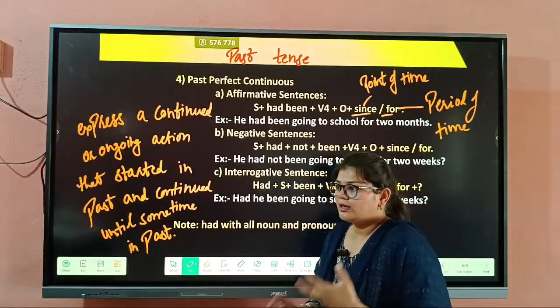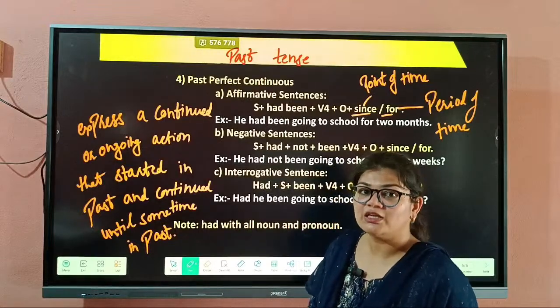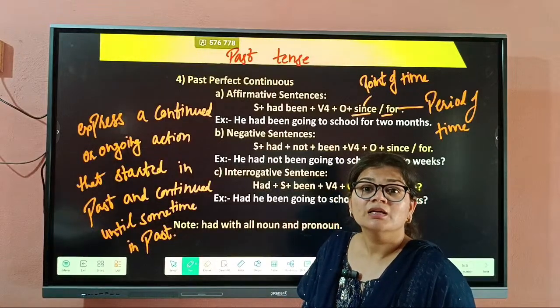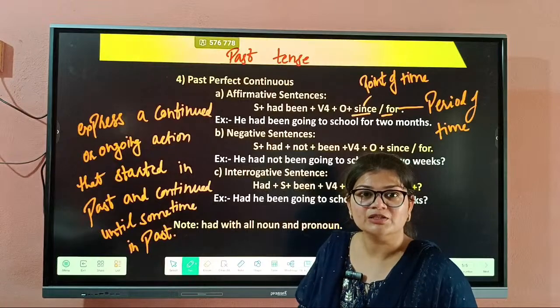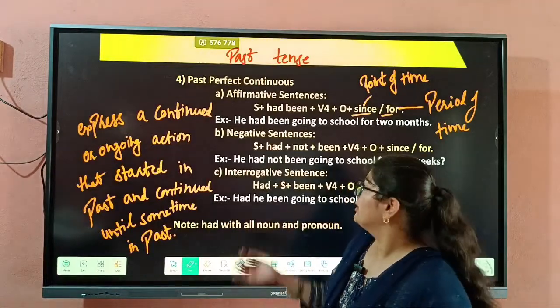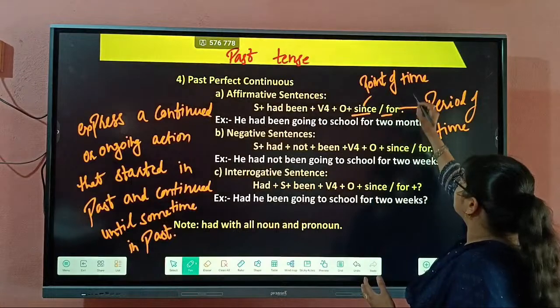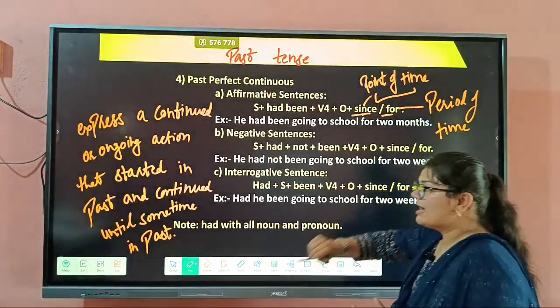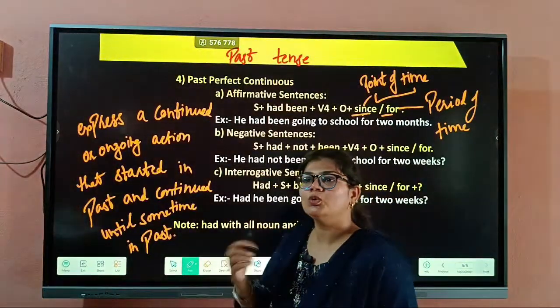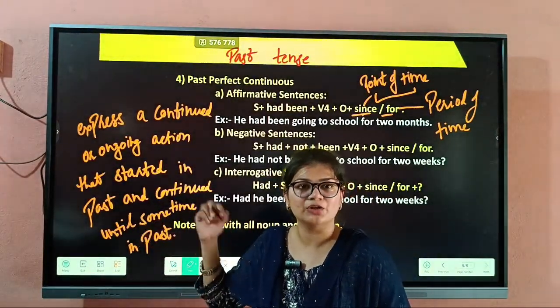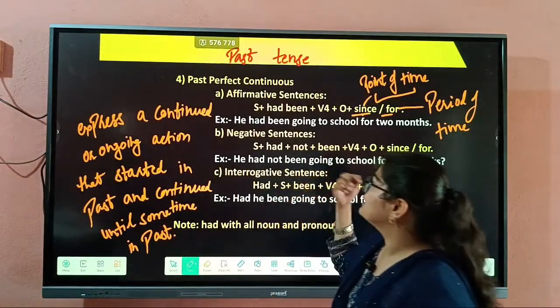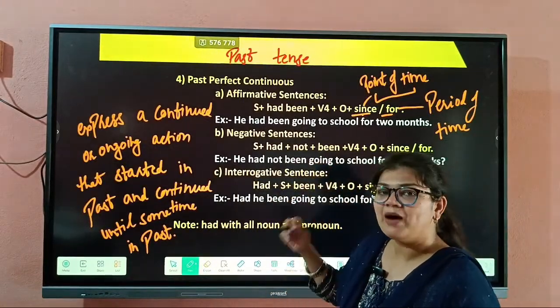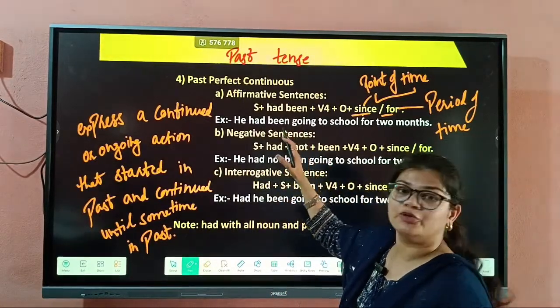Okay, I am teaching you since 10 minutes or 5 minutes. At a point of time I use since, and I am teaching you in a continuation, so I can say that it is a past perfect continuous.